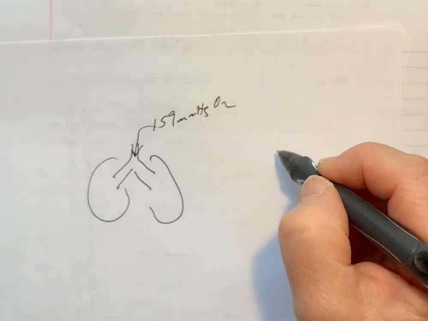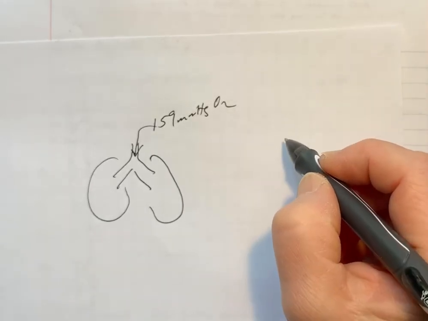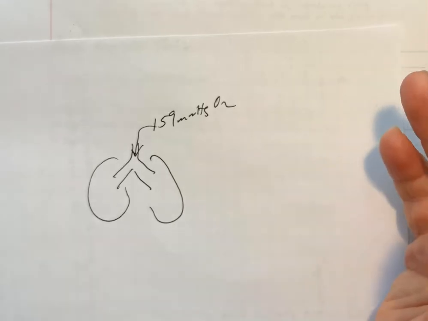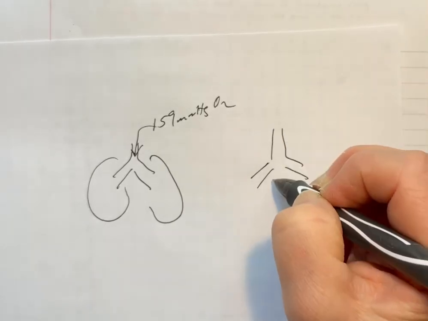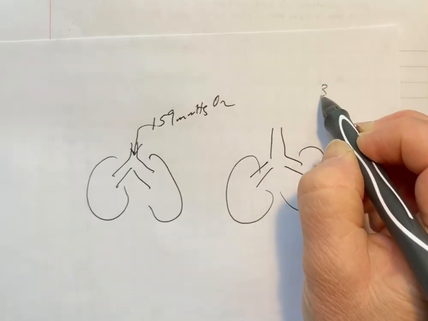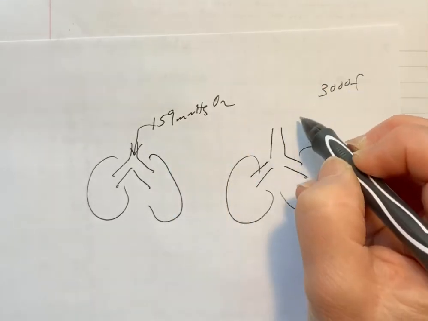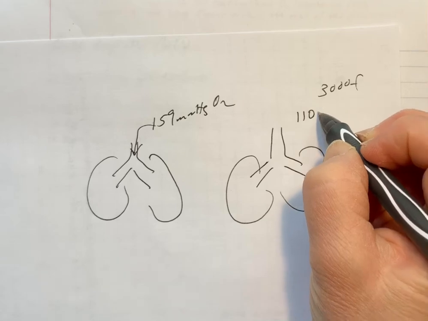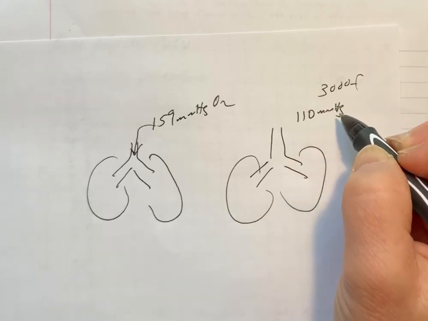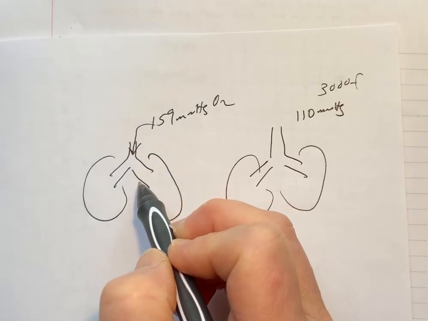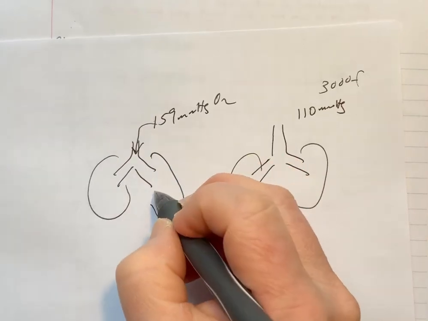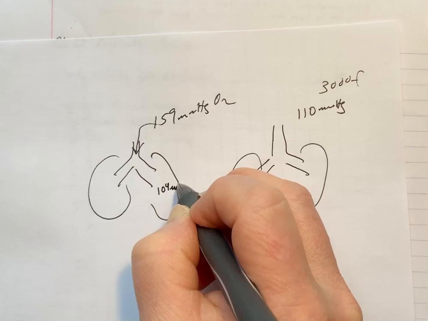But if you just go up a mountain, just gain elevation, the air is more thin, as they say. So at 3,000 feet, it drops from 159 to 110. So we know at 159, when it came into the lungs, that it would drop to 104.